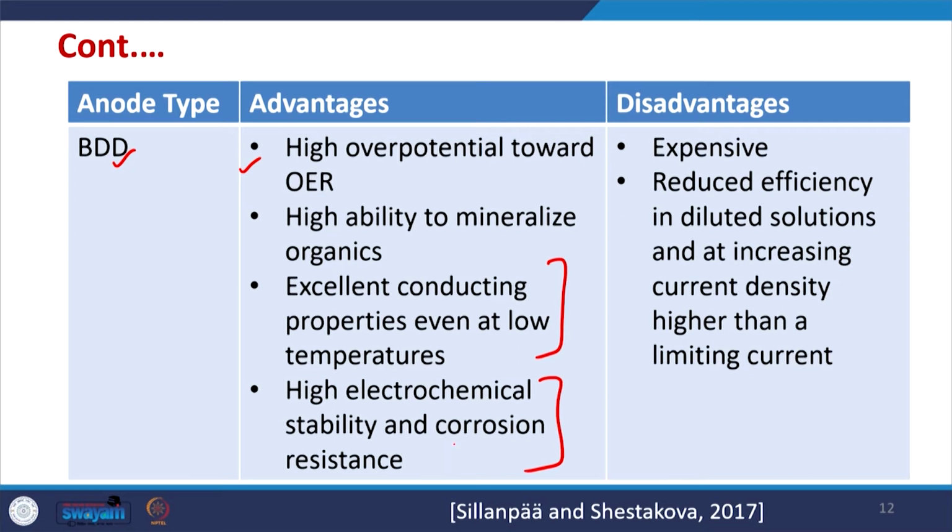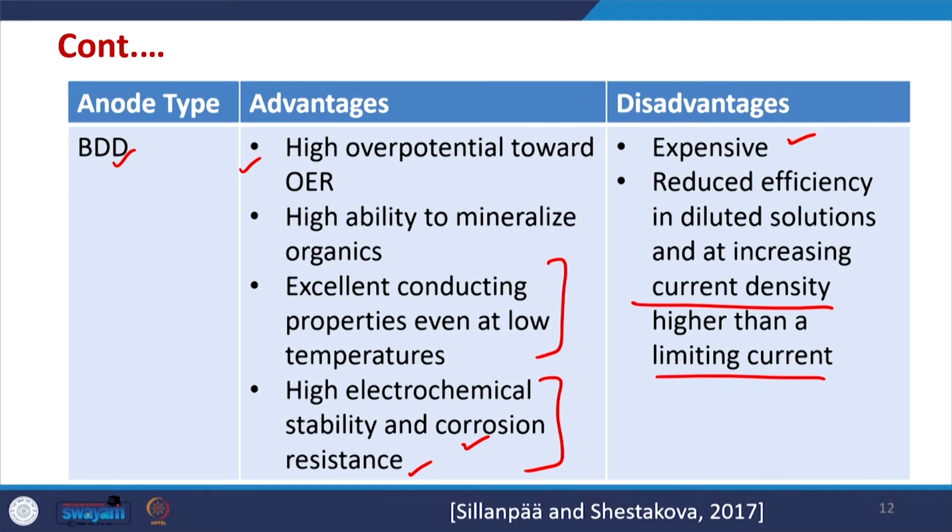So, they are corrosion resistant as well. These boron doped diamond electrodes are expensive though. This is the major drawback with respect to use of these electrode materials, and their efficiency gets reduced in dilute solutions and at increased current density higher than the limiting current. So, beyond the limiting current they have reduced efficiency.